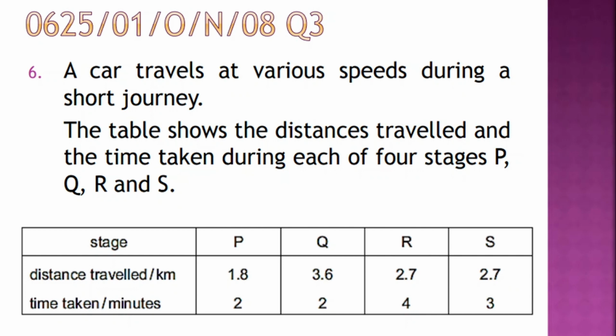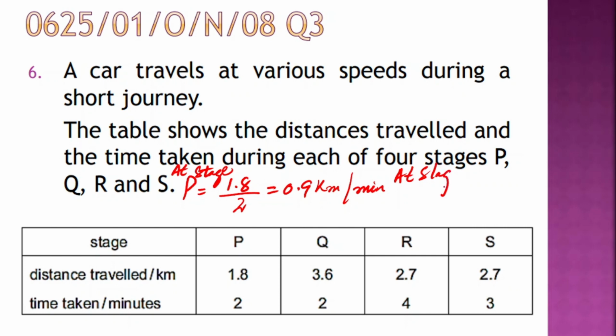So you can see that at stage P, we got the speed as 1.8 divided by the time taken, which is 0.9 kilometer per hour. And at stage S, the average speed will be 2.7 divided by 3.